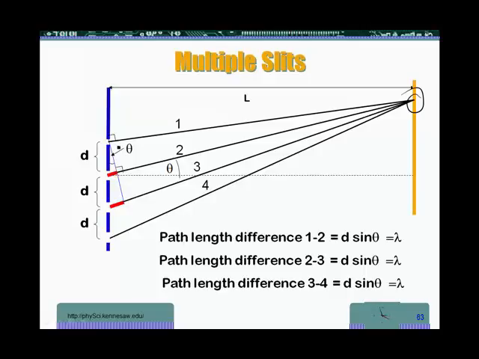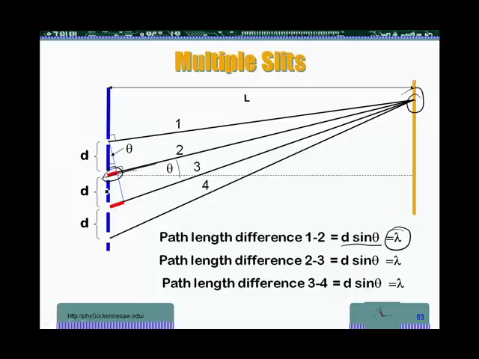Now, remember this is our path difference. If the path difference between beam 1 and 2 is such that d sine theta is equal to lambda, the two waves are going to be in phase, interfering constructively at this point. If that's the case, what would be the path difference between beam 2 and beam 3?